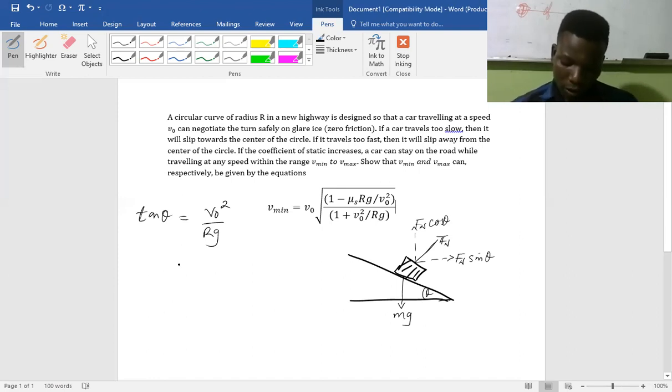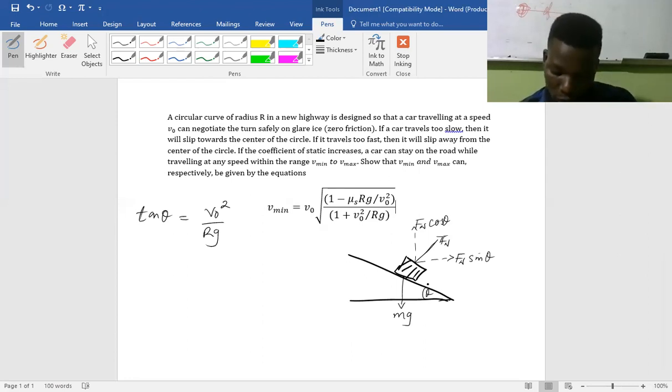Okay, so now let's look at the friction force. In what direction is this car going to slide when we have minimum velocity? You can see in the question, we are told that if a car travels too slow, then it will slip towards the center.